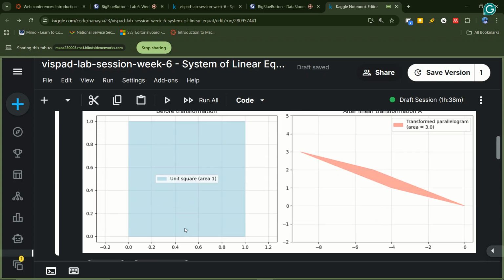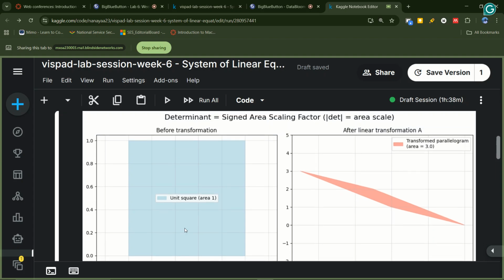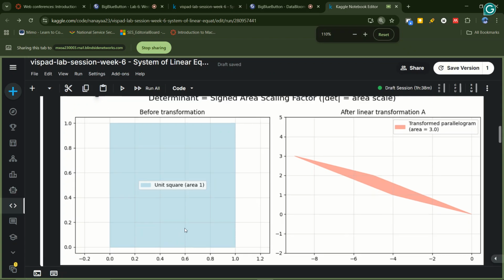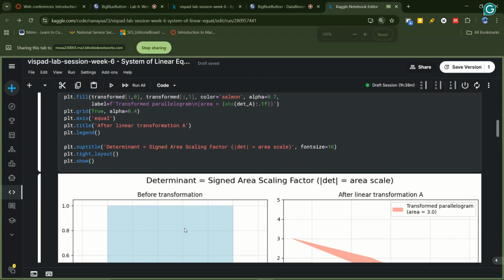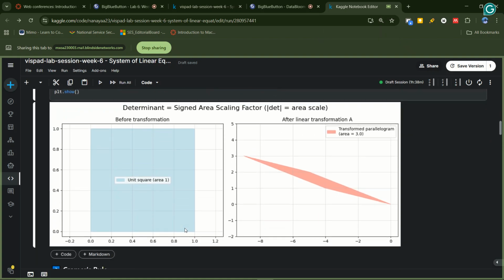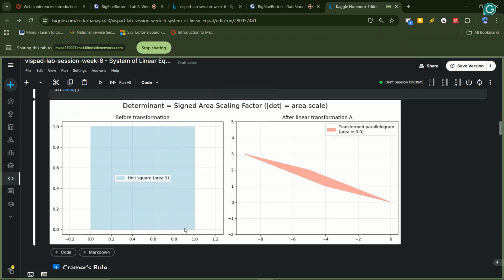So then we have this visualization. Let me try reducing it. Okay, so we have this visualization over here. You realize that before transformation, this was a unit square area.